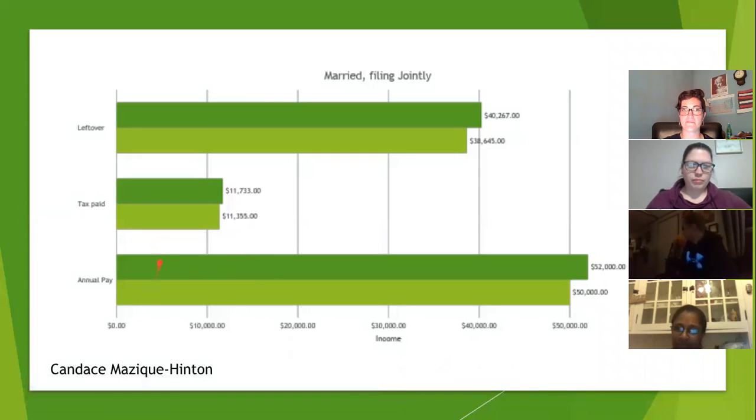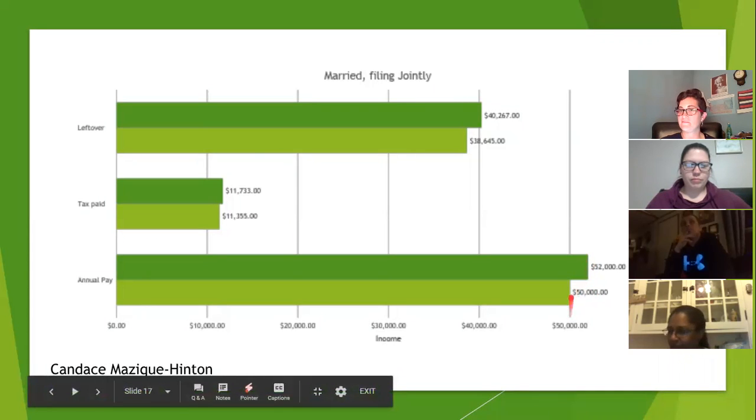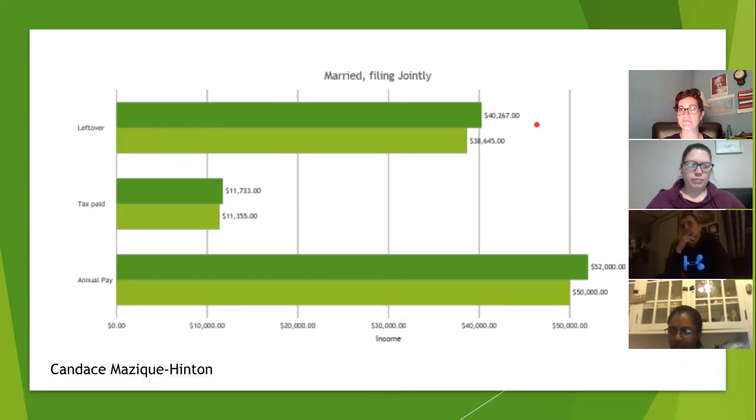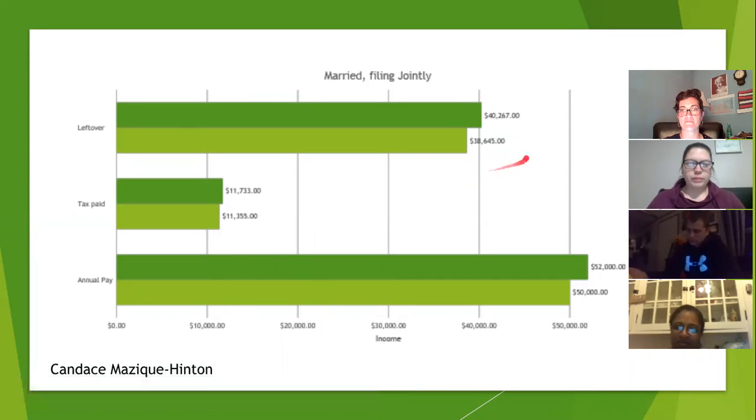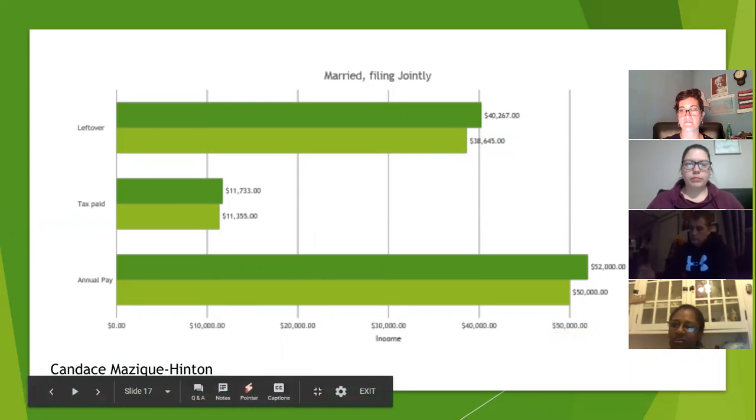Their tax brackets did change as well. The head of household got a $2,000 raise, but missed out on about $8,000 coming back to them. A person that was married filing jointly was able to take home $1,600 more. So it just depends. The more money you make, the more taxes you'll end up paying, and it depends on where you fit in on the tax bracket.